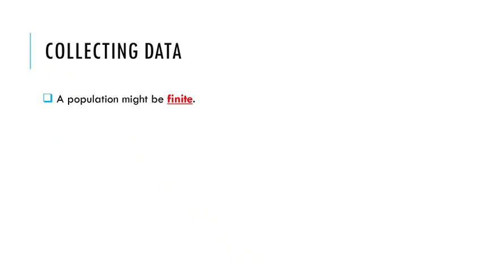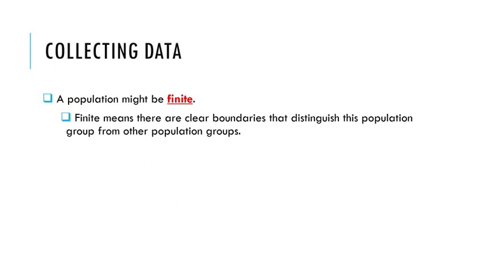Now, a population might be finite, and finite means that there are clear boundaries that distinguish this population group from other population groups. So I can say, yes, no, we can kind of draw a line. If they're finite, then they have to be limited in size. So we've got these clear boundaries that distinguish this group from other groups, giving us a size limit.